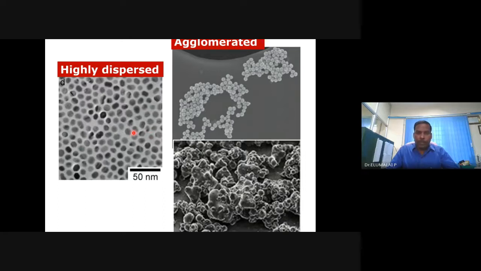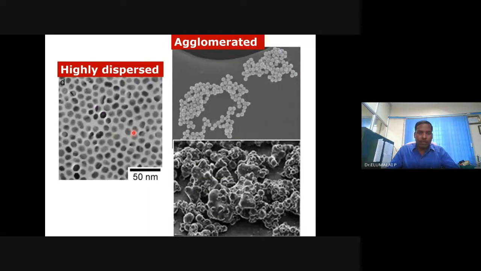Here, this is highly agglomerated. They are very good friends. They don't want to separate. They are always together. But here, highly dispersed. The properties of this will be different. Properties and the features of these materials or nanostructure or canopy will be different.